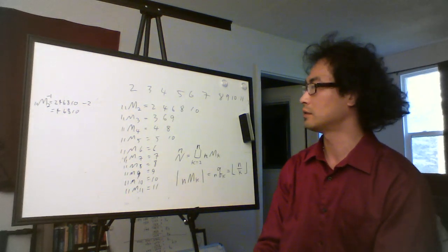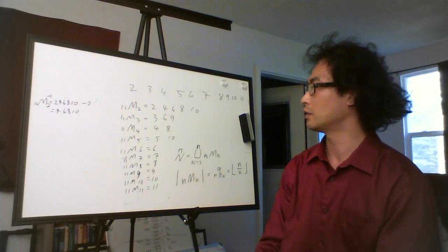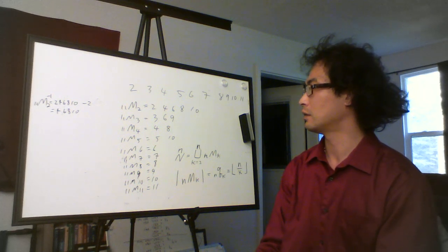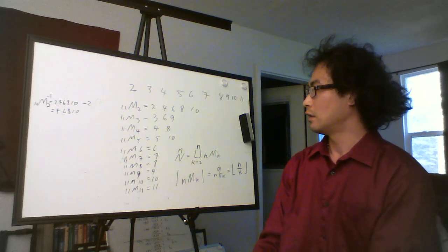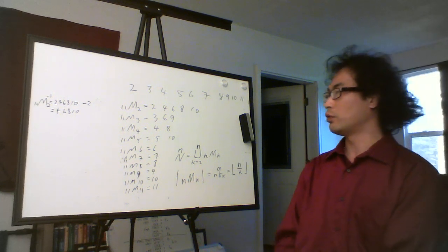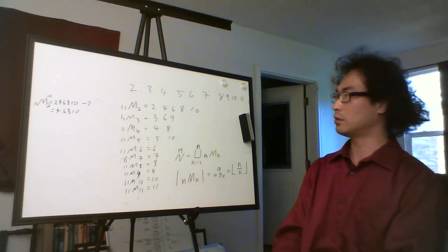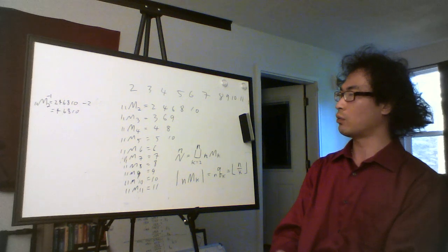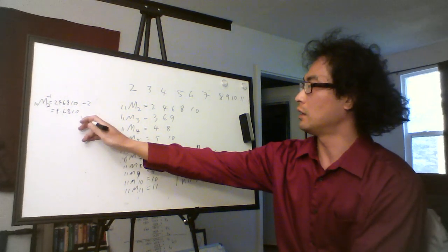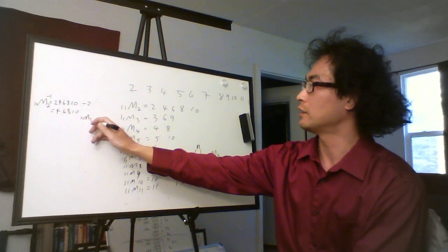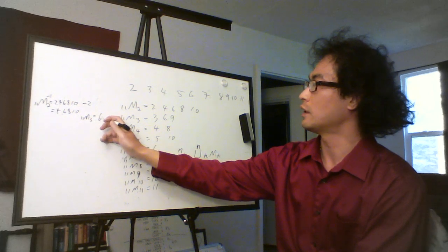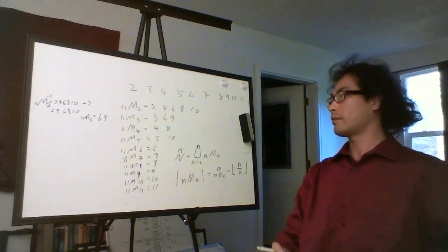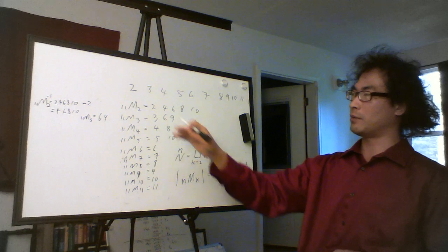That's it. So that's what it is. See where we're going. Likewise, 11m3 is equal to 6 and 9, because we are getting rid of the very first element.